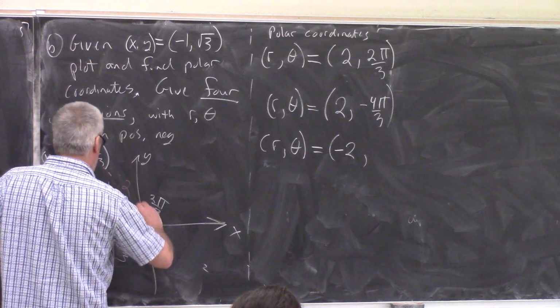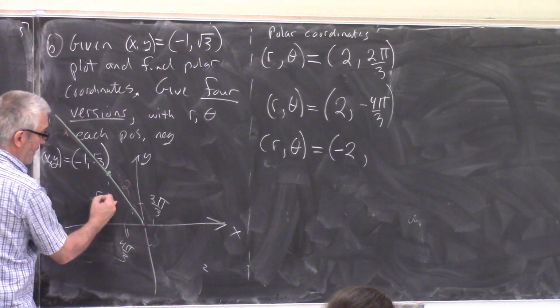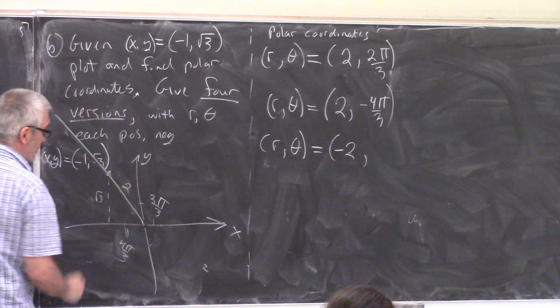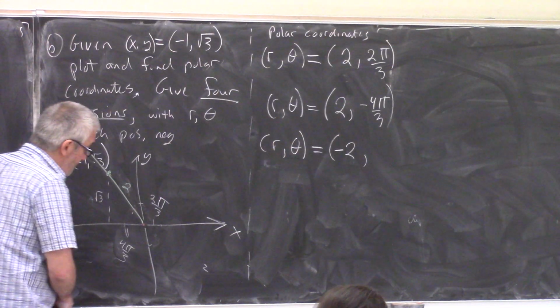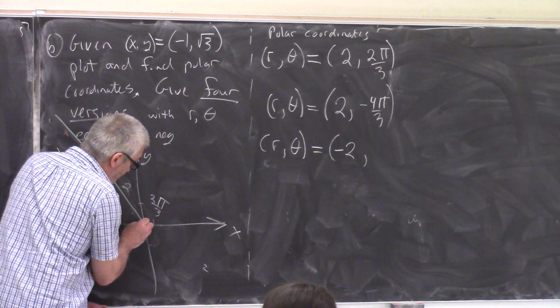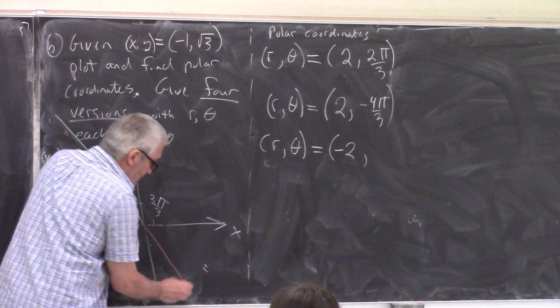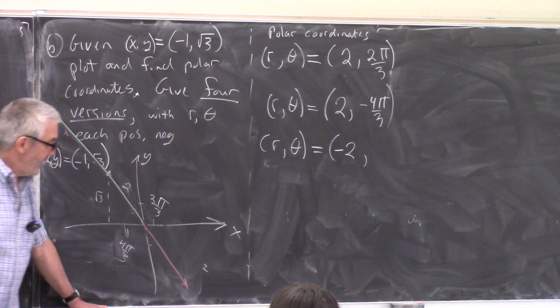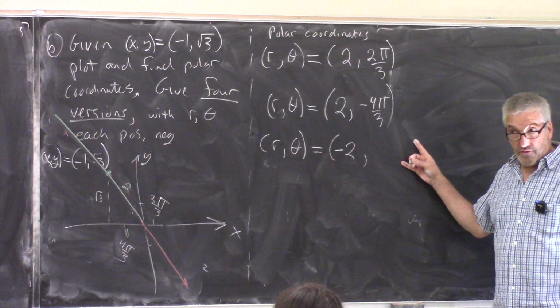So here we go. And it's got to be at that location. Well, that distance is 2, but it's on the back ray, so that's how we get r being negative 2. And so where's the front ray? The front ray is down here. Okay, so what's an angle, a positive angle, that would get us to that configuration?